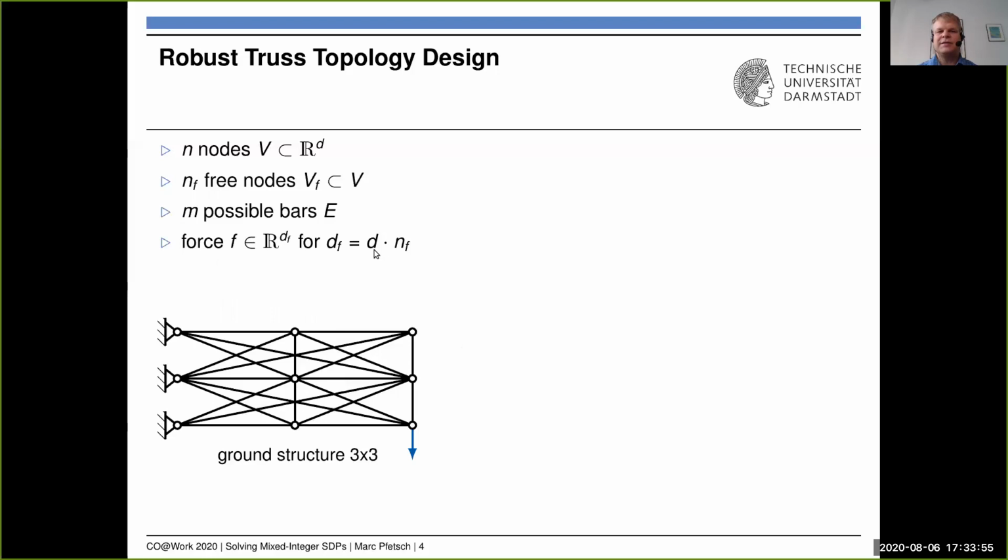So d_f is the dimension d times the number of free nodes. For instance, this blue arc here on the node at the bottom right pulls down, and we are supposed to construct the structure in such a way that it does not break down under this load.